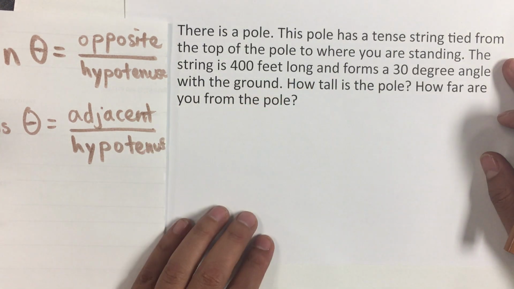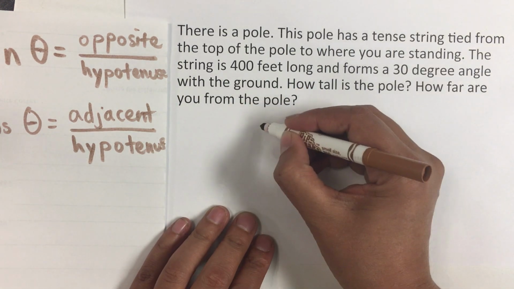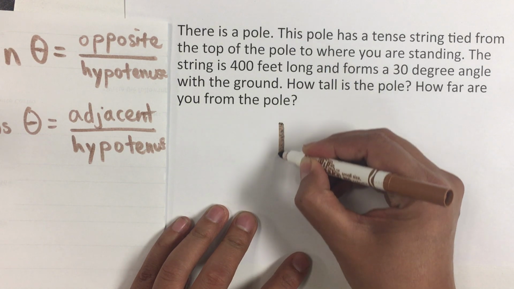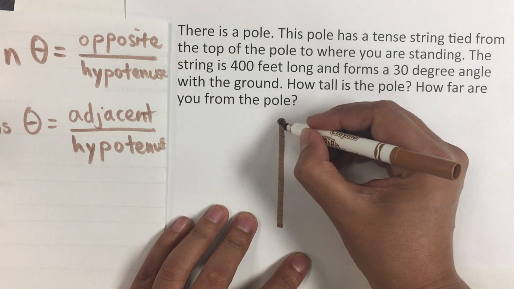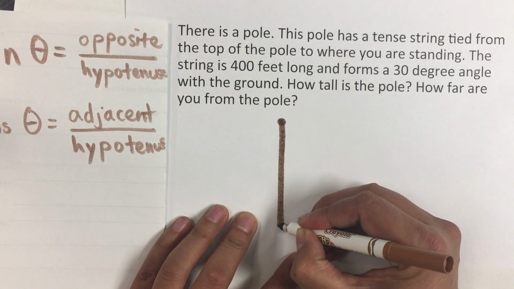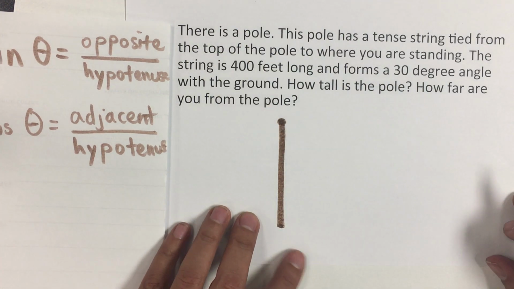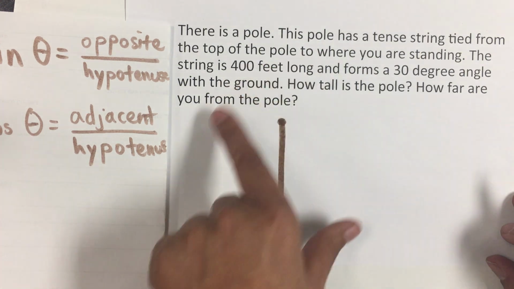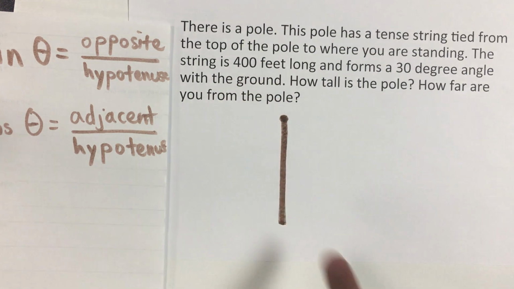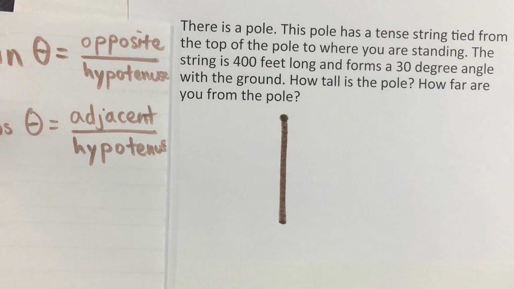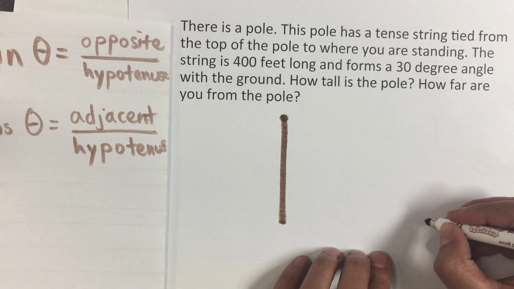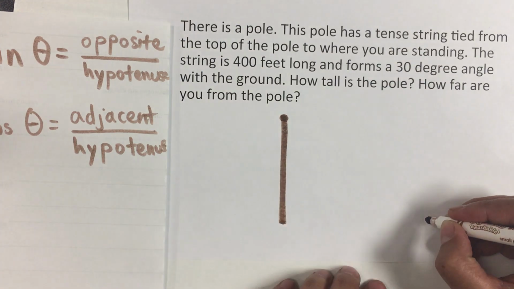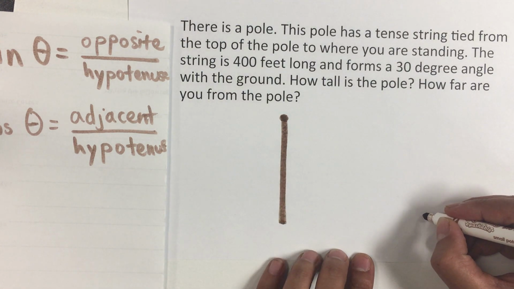So let's draw that first. There is a pole. You can think of the flagpole in your school. And then there is a string tied up to it. It goes all the way to where you're standing.